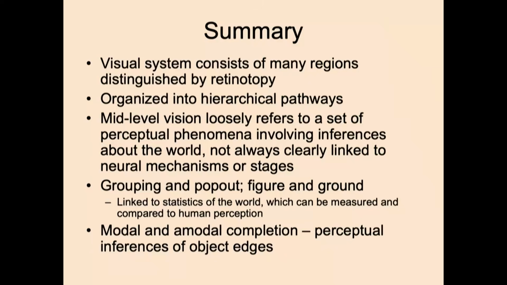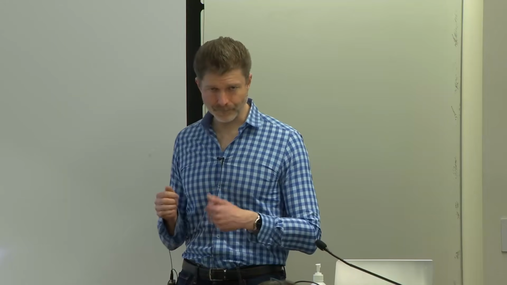In both cases, they seem to be linked to the statistics of the world, which nowadays can be measured and compared to human perception. And then we also talked about modal and amodal completion. These are processes that seem to represent perceptual inferences of object edges, even in cases where you don't have local evidence for those edges.